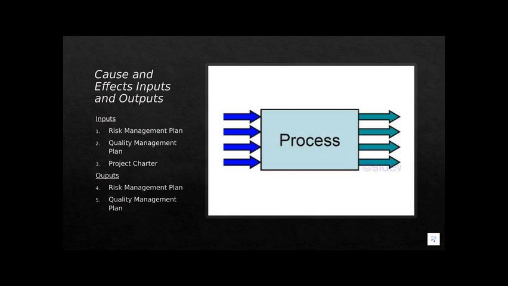Inputs could possibly be a risk management plan, obviously a quality management plan, or maybe even a project charter. The outputs from utilizing this technique could possibly be changes to risk management plans, or obviously the quality management plans.